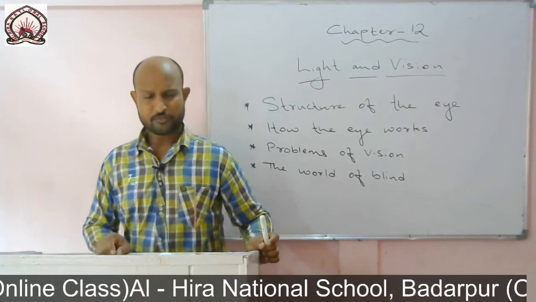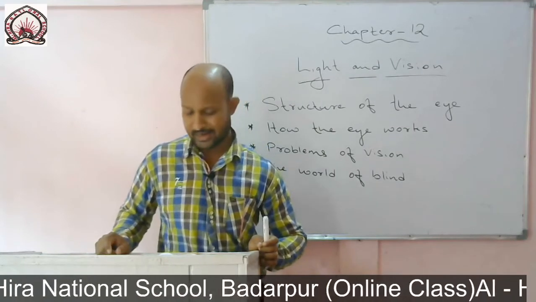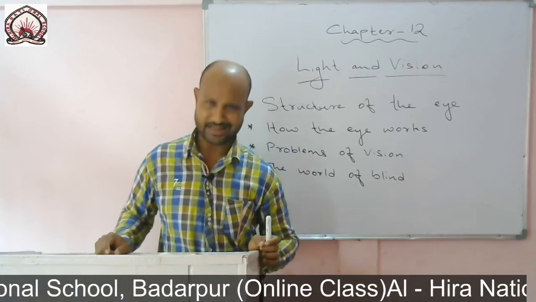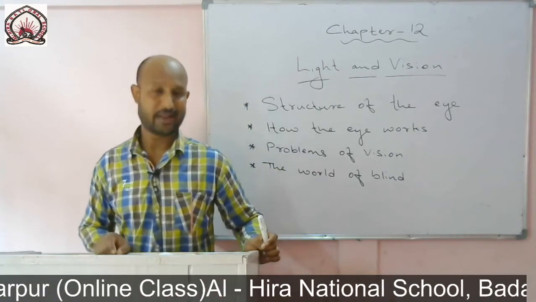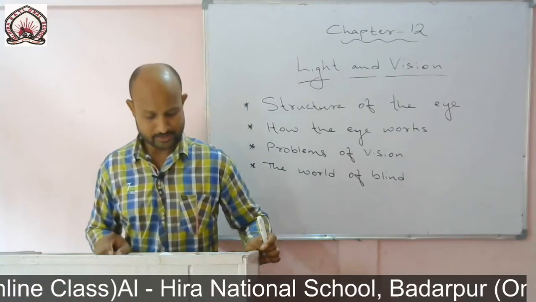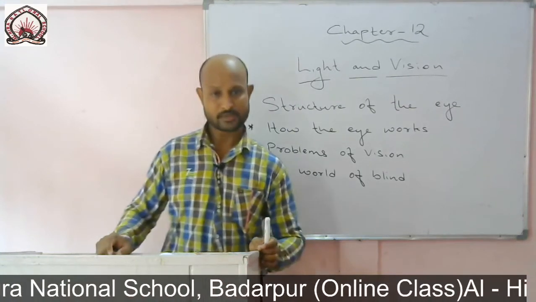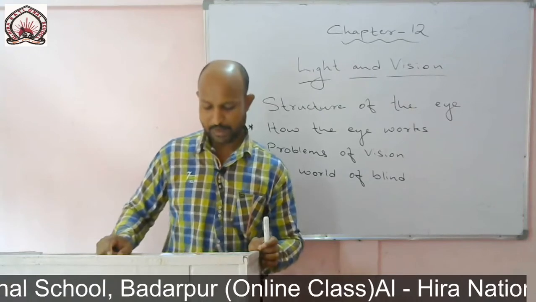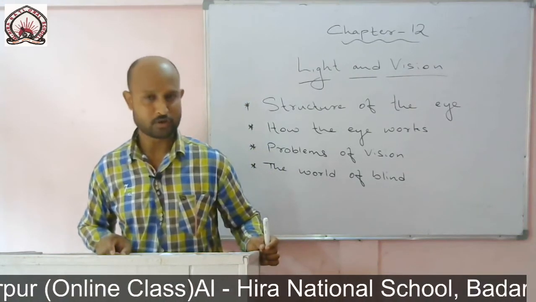And if a person has such a disease, it can be corrected by using lenses or contact lenses. Many of us use these lenses or contact lenses to get corrected of such diseases. The lenses bend light in such a way that the image is formed on the retina.